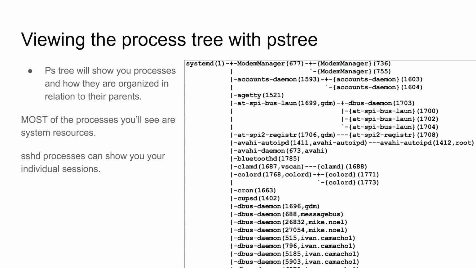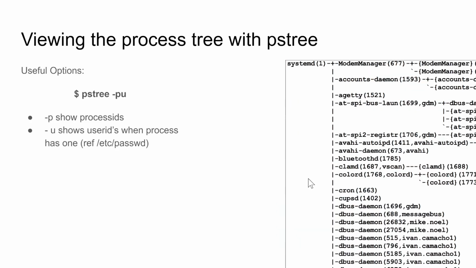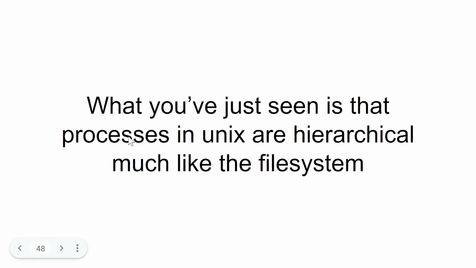So anyhow, a couple of options you can try. You can try p and u and see what effect that has. Yeah, p will show process IDs and u will show user IDs, so you can kind of customize what information is available here.